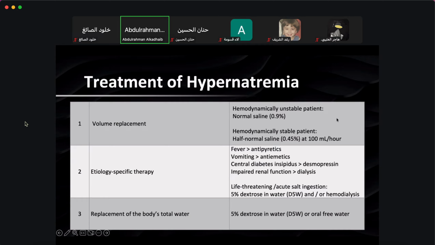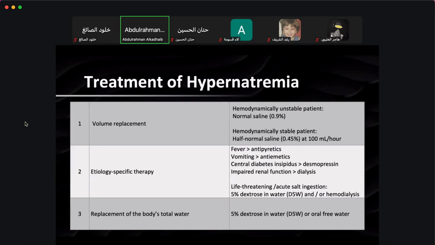And some of you may wonder why we would treat those patients with sodium-containing fluid when they have hypernatremia. Is this going to cause worsening of their hypernatremia or not? So the answer to that is usually no, because the concentration of sodium in those types of fluid is much less than the sodium level in the body volume in patients with hypernatremia.